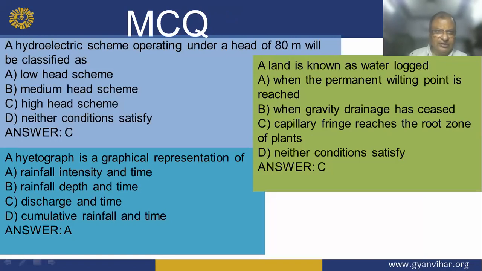Now, a hydroelectric scheme operating under the head of a certain range is classified as what? Correct answer is C, high head scheme. And a hydrograph is a graphical representation of what?